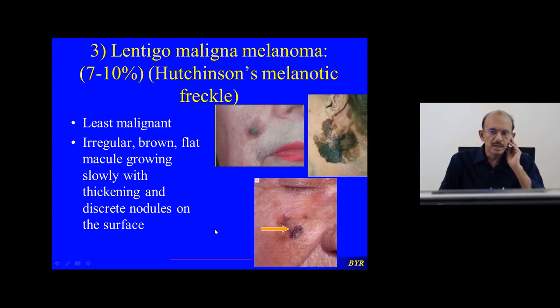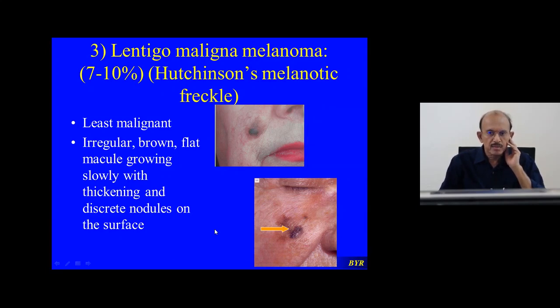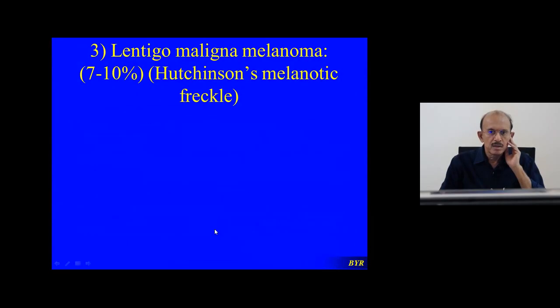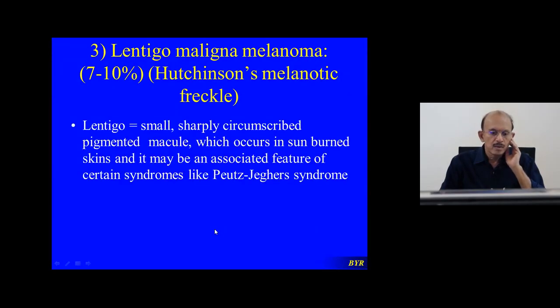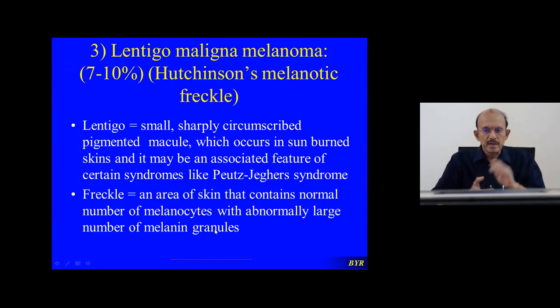It is least malignant because it confines itself only to the superficial layers of the epidermis. Freckle means an area of skin that contains a normal number of melanocytes with an abnormally large number of melanin granules. So this is a microscopic description of the skin.